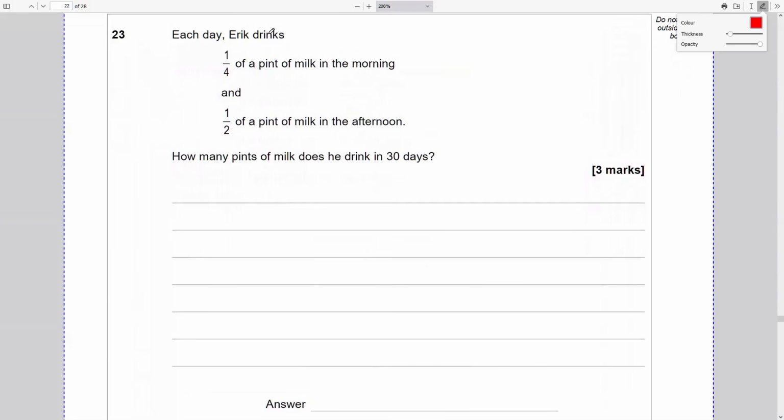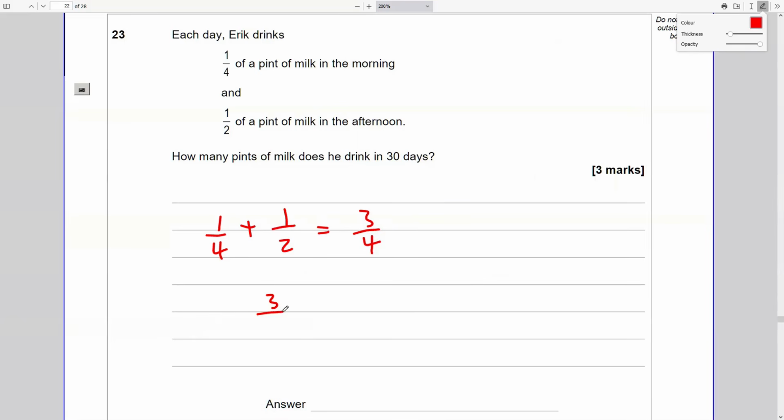23. Each day Eric drinks a quarter of a pint of milk in the morning and a half a pint of milk in the afternoon. How many pints of milk does he drink in 30 days? Well, a quarter plus a half. Let's work out how much he drinks in a day. A half is 2 quarters, and another quarter is 3 quarters. So he's drinking 3/4 of a pint a day.